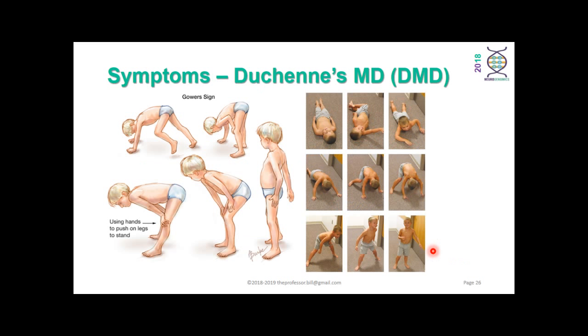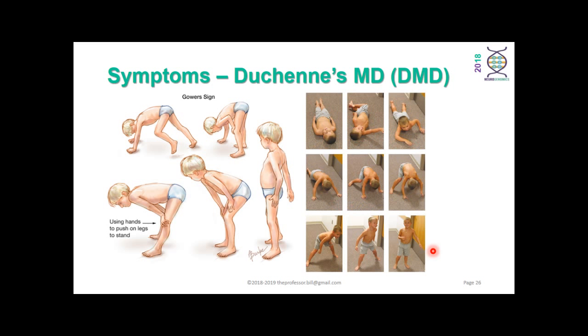So again, this is another slide where I'm introducing pictures to you, but here, the only thing that you should be taking away is that one of the clinical features of Duchenne's muscular dystrophy, so if I were to ask you, if someone shows Gower's sign, I need you to immediately link that with a form of muscular dystrophy. So we will, by the time your term test comes around, have covered a number of different types of disorders, and Gower's sign is one clinical sign that is very often present in Duchenne's muscular dystrophy.